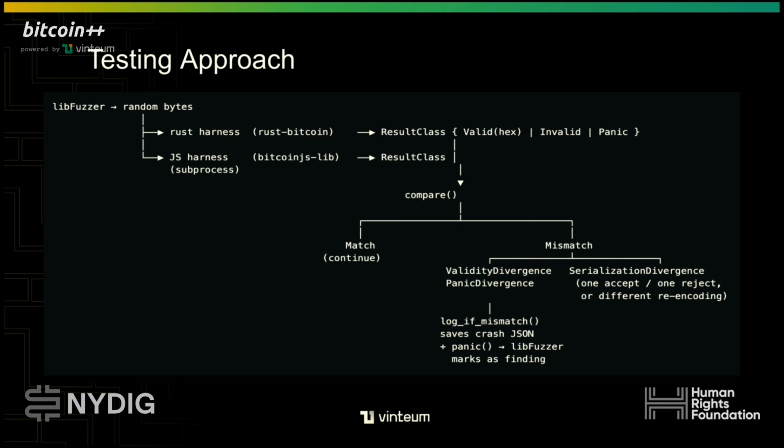Then I normalize the output of these two libraries to compare these outputs, and I check if there is any mismatch. If there is no mismatch, it's all okay. And if there is a mismatch, I check if it was just a serialization divergence, but not a validation error. And if it is a validation divergence, I check what happened and see what caused this problem.